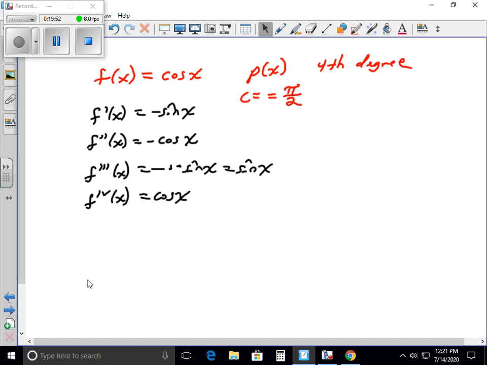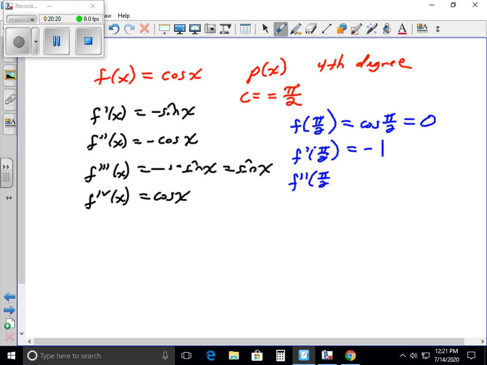So when we substitute our pi over 2 in, cosine of pi over 2, cosine of 90 degrees, or pi over 2, is 0. If we plug it into our first derivative, sine of pi over 2 is 1. We still have the negative in front of it.